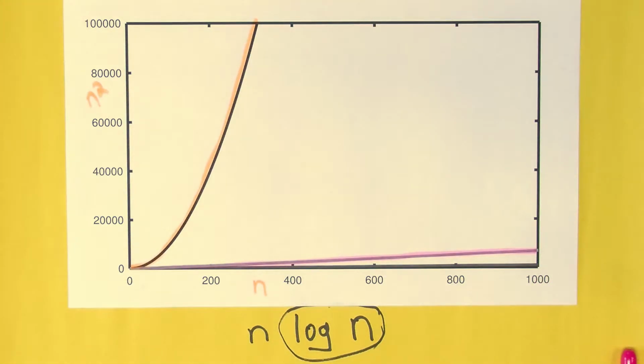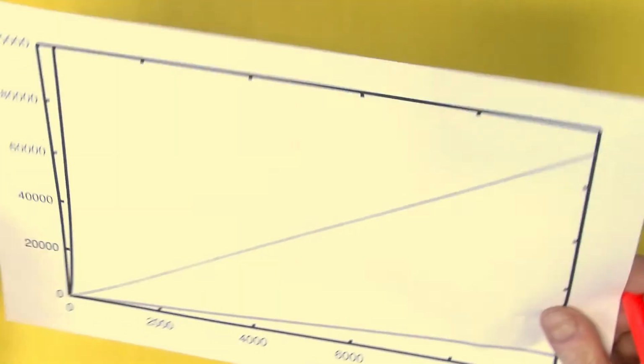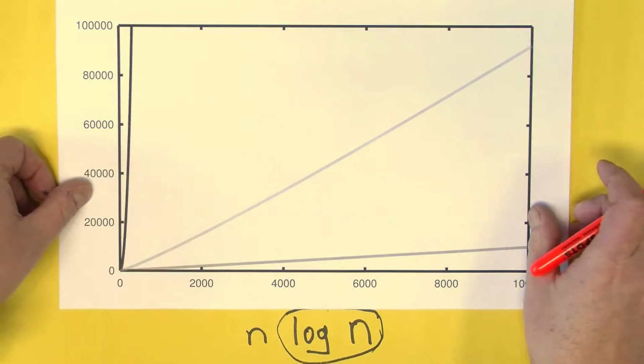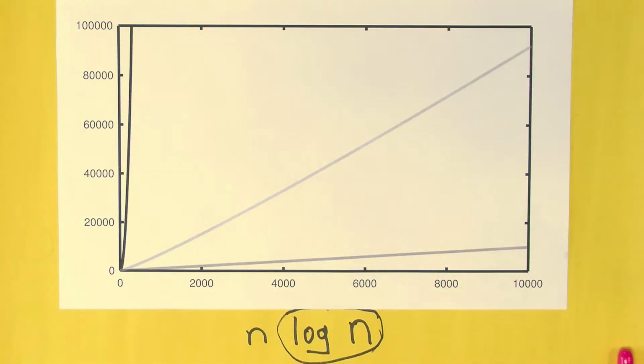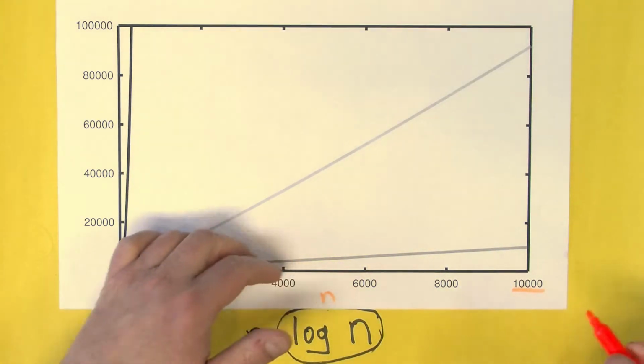And just to give you a sense of how effective that is, we can even just switch sheets of graph paper one more time. Look at it on a slightly larger scale of n, where n is now going up to 10,000.